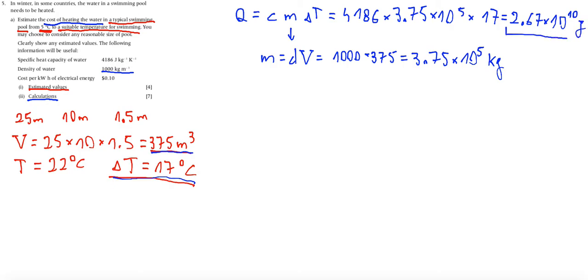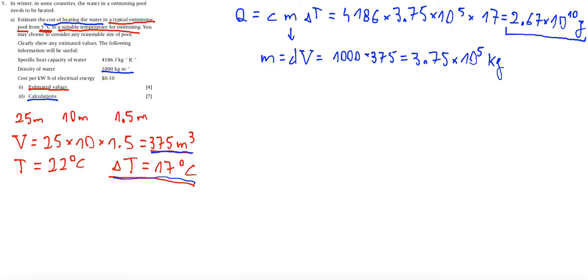Okay, so this amount of energy is needed in the form of thermal energy to heat up this amount of water by this temperature difference. If you have another result, as a consequence of using other estimations, it's also correct, but only if your estimations make sense.